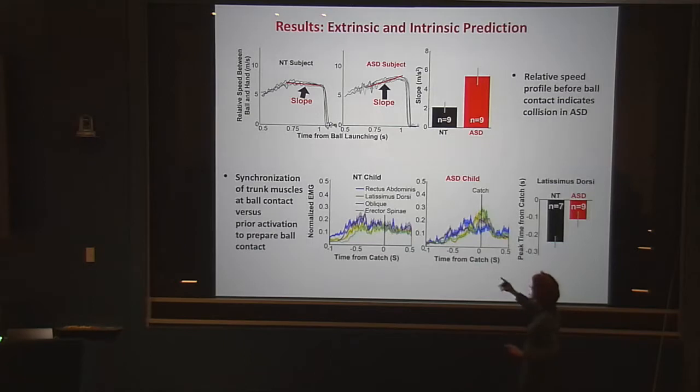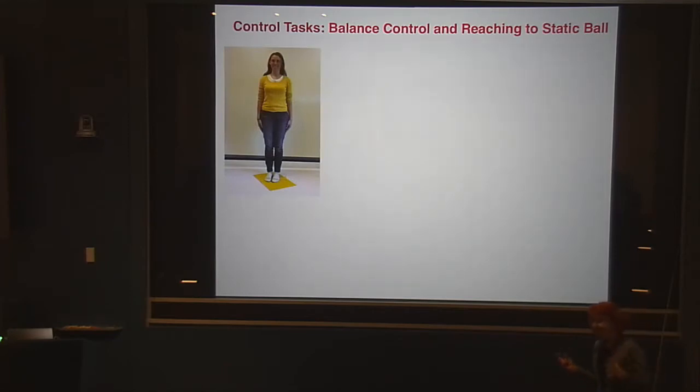For the ASD children, the muscle activity increases in an almost synchronized fashion with a maximum at contact, meaning at the collision the body is contracting. There is no predictive activation of the muscles prior. So again, we looked at one muscle and did statistics showing this held over a number of different subjects.